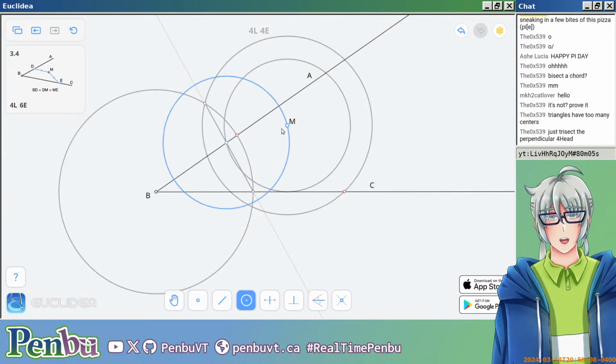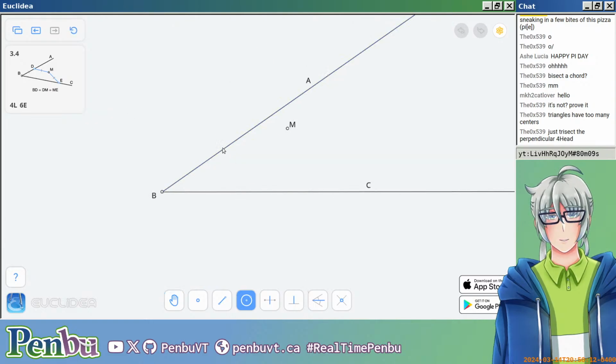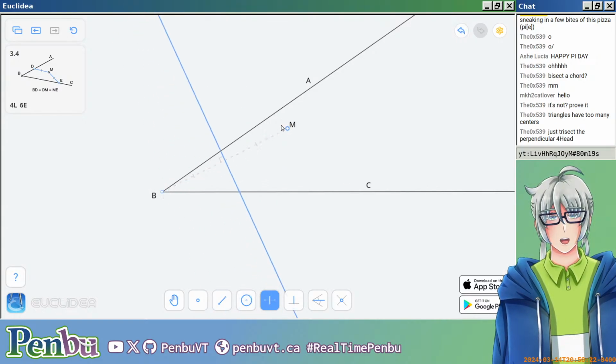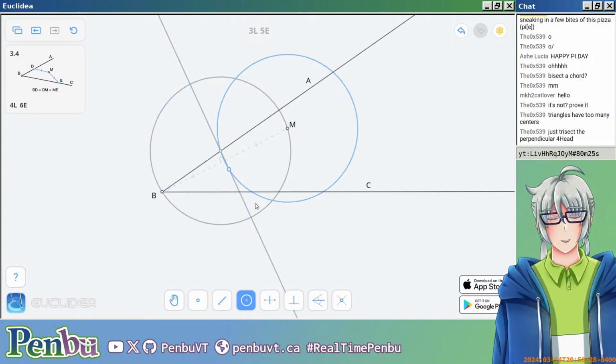Alternatively, it means we need to find a circle that intersects both B and M, which means that we can get the bisector here, and then we just create another circle here.